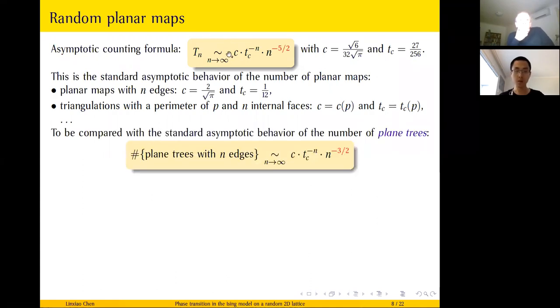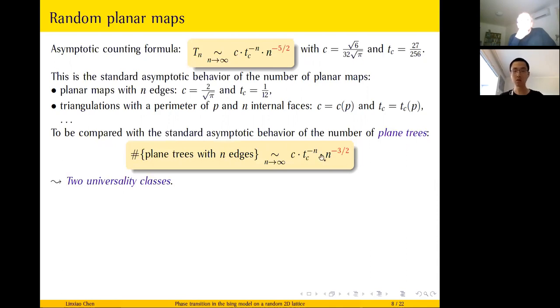And I would like to compare this counting formula for planar maps to the counting formula of so-called plane trees. Basically, these are trees which are embedded in the plane. For these trees, you have a very similar counting formula, except that instead of the exponent 5/2, you have 3/2.